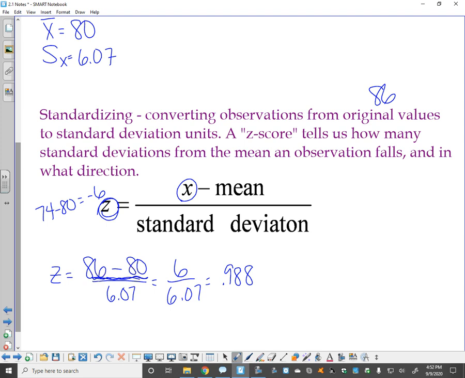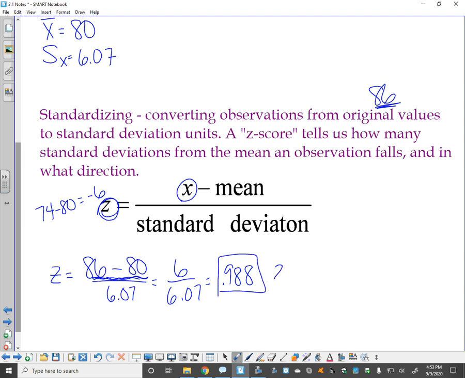Now, a z-score has no units of measurement. It's measuring how many standard deviations above or below the mean that piece of data is. Now remember, we said that her score of an 86 is just under one standard deviation above the mean.